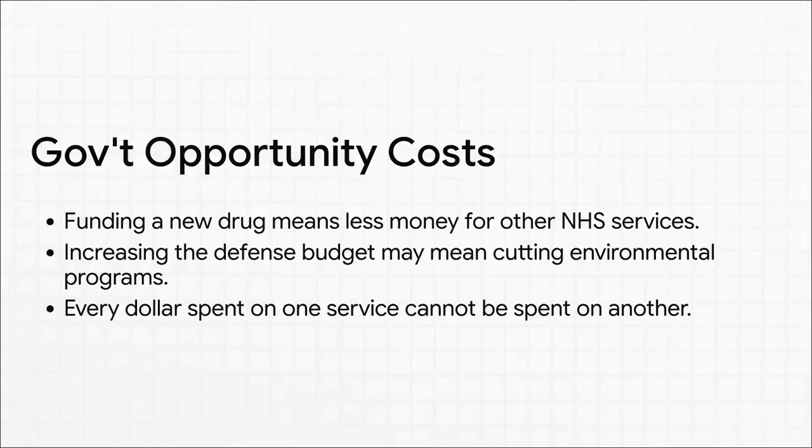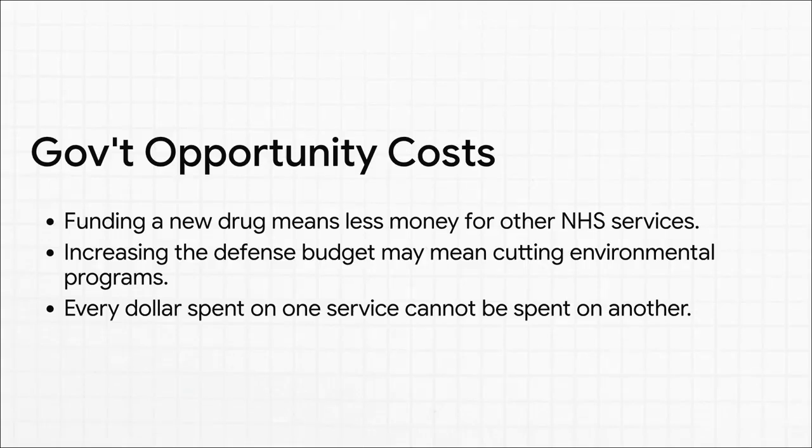And the trade-offs at this level are just huge. Funding a new life-saving drug might mean there's less money for new schools. Ramping up the defense budget, as we often see, could mean there's less funding for something like environmental protection. The brutal truth is, every single dollar, every pound, every euro spent on one public service is a dollar that cannot be spent somewhere else.